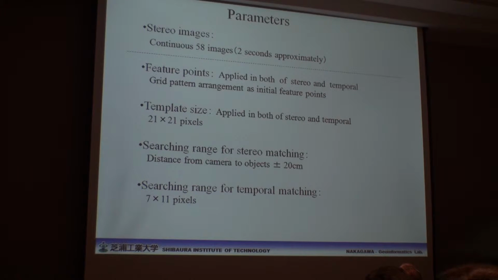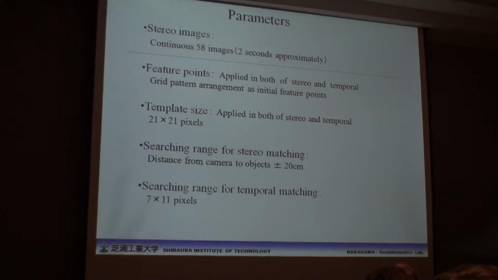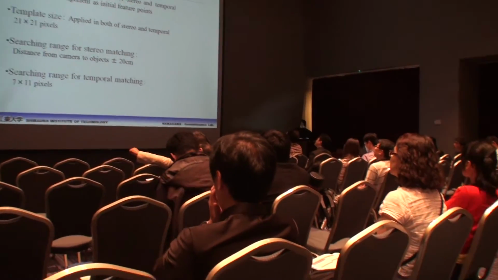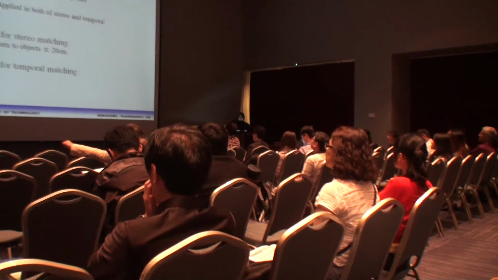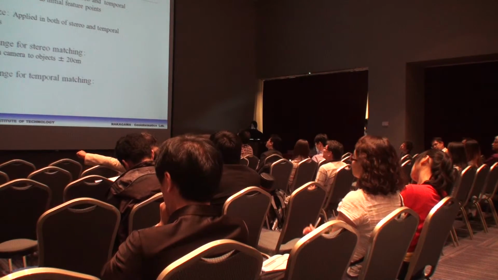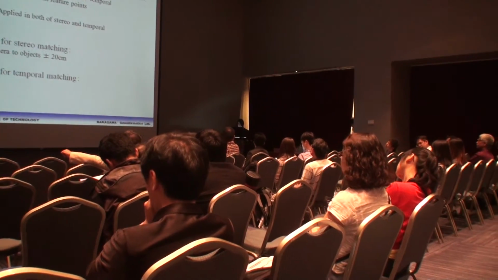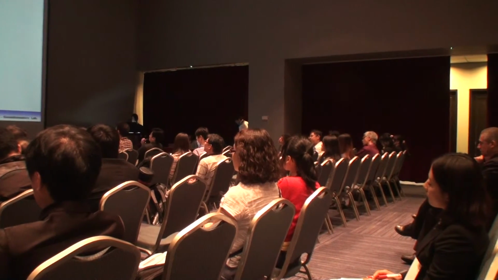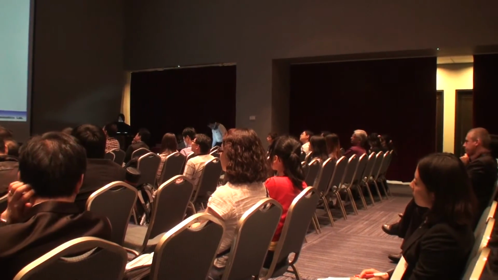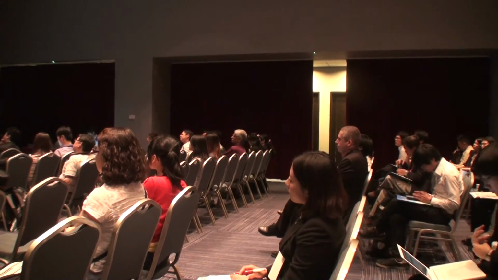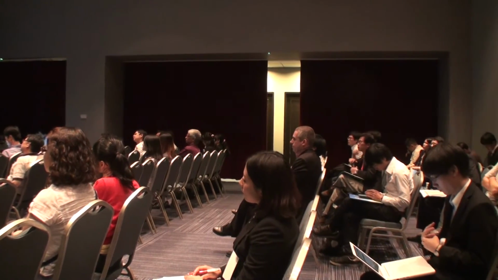First, feature points and template size are applied in both stereo and temporal matching. The next is the searching range for stereo matching. This is the distance from camera to objects plus or minus 20 centimeters. The last is the searching range for temporal matching. This is 7 by 11 pixels.